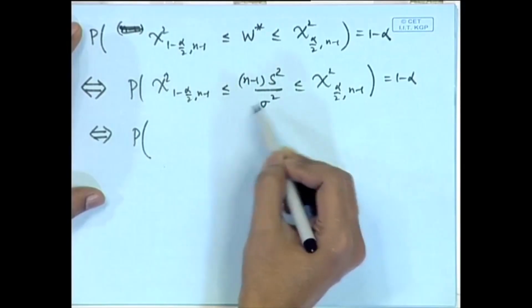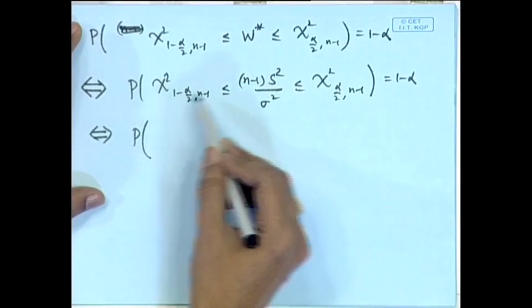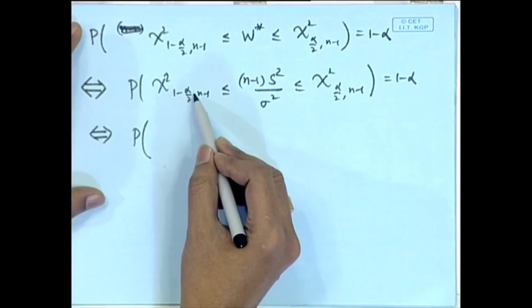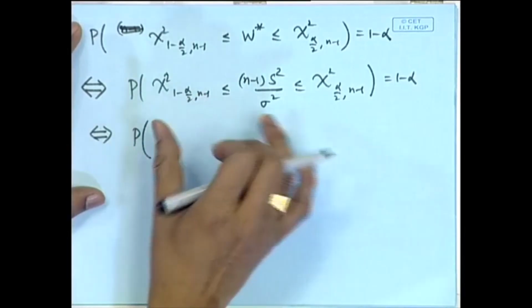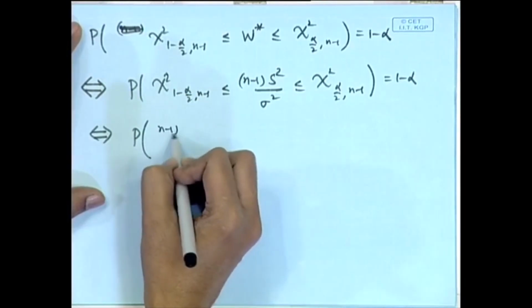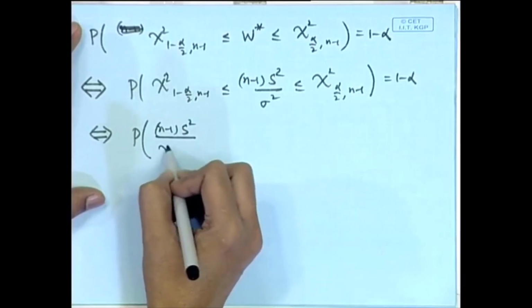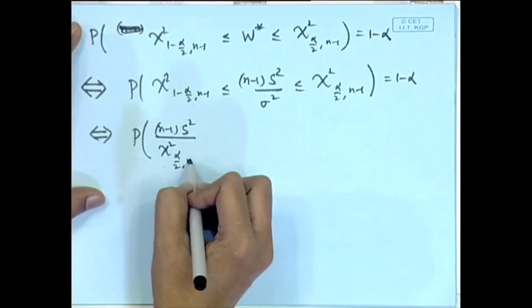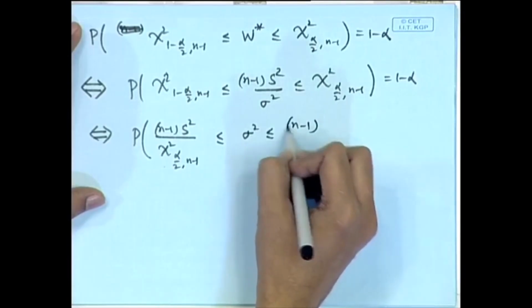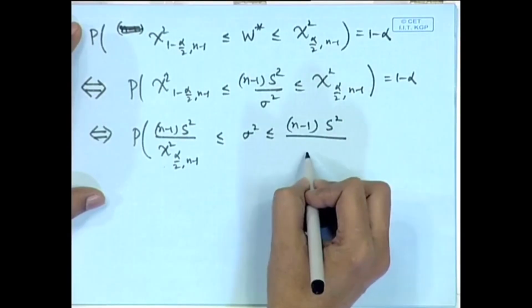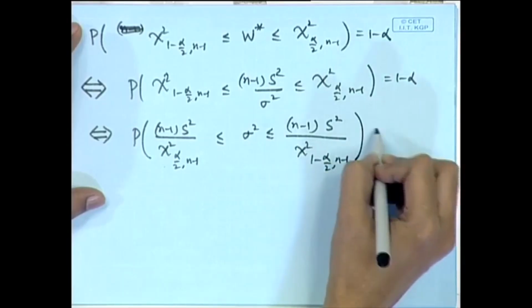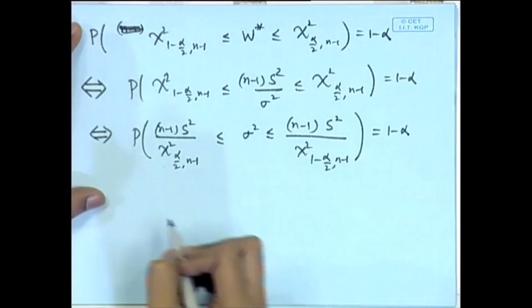If we look at the left hand inequality, that is equivalent to sigma square less than or equal to n minus 1 s square by chi square 1 minus alpha by 2 n minus 1. Therefore, this entire statement is equivalent to n minus 1 s square by chi square alpha by 2 n minus 1 less than or equal to sigma square less than or equal to n minus 1 s square by chi square 1 minus alpha by 2 n minus 1, that is equal to 1 minus alpha.